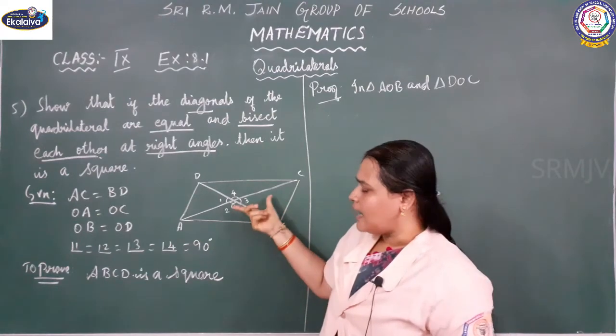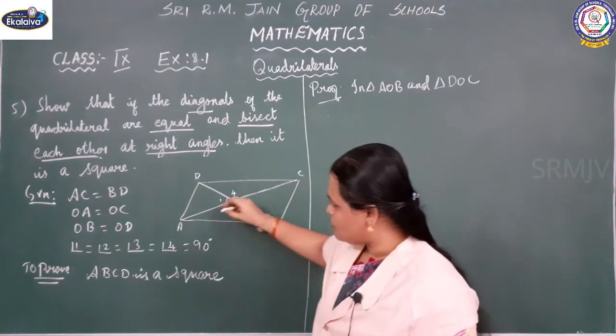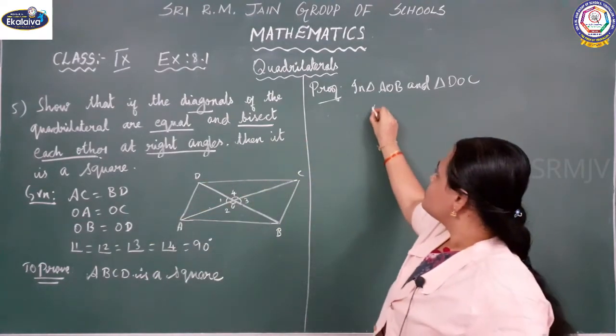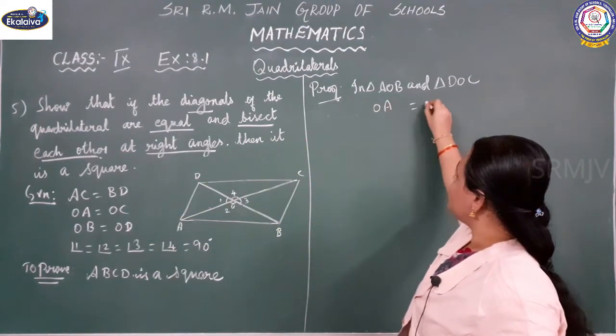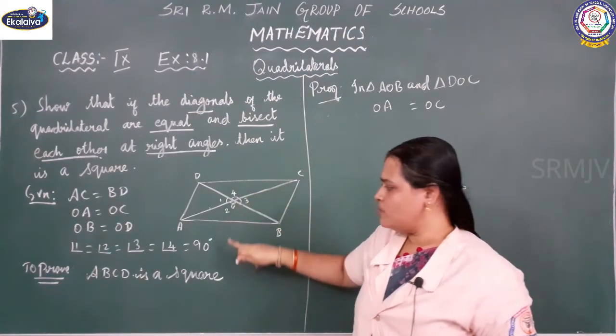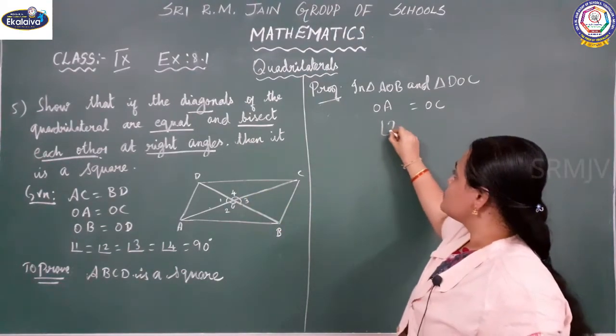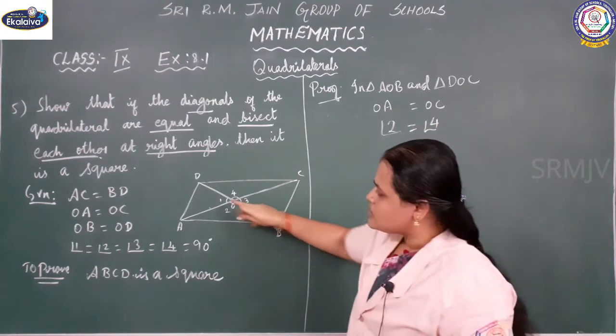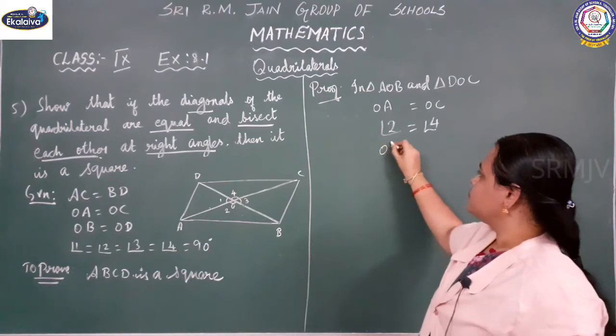They have given that the diagonals bisect each other, right? So OA is equal to OC. We have written it in given. OA equal to OC. And you can see this angle 2 is equal to angle 4, which is equal to 90 degree. So angle 2 is equal to angle 4. Then OB is equal to OD.